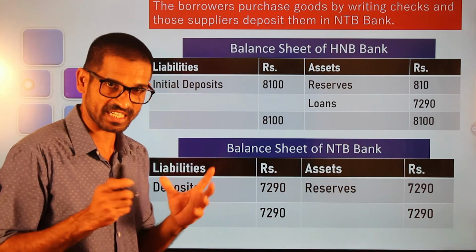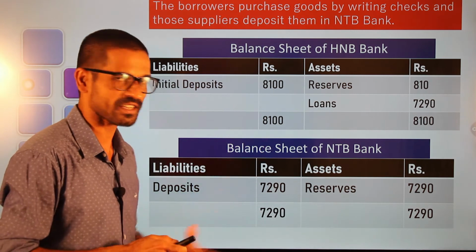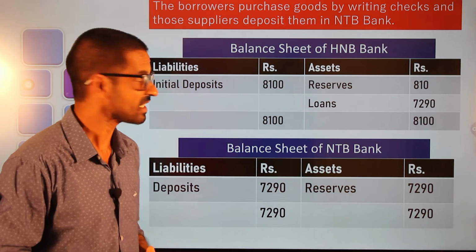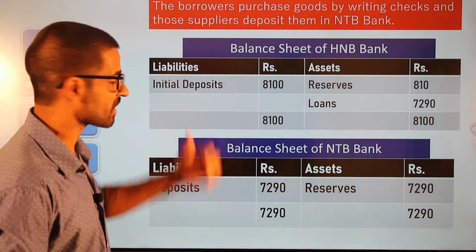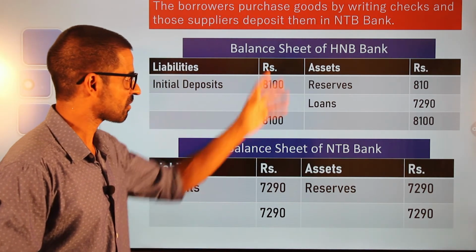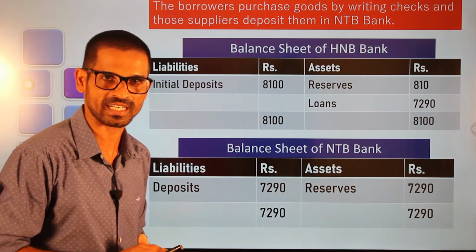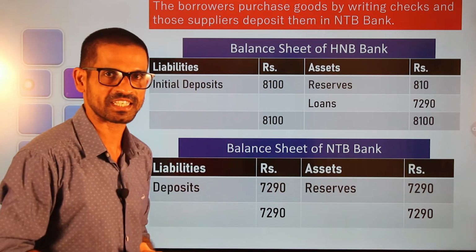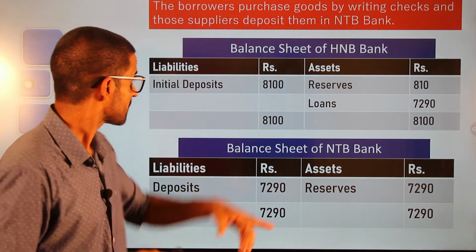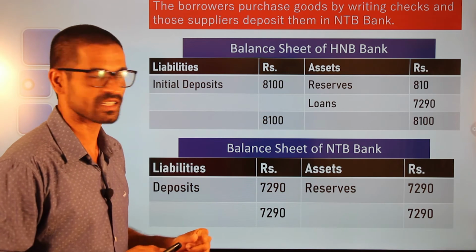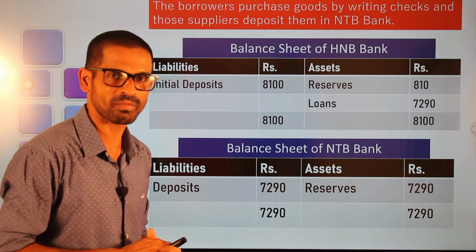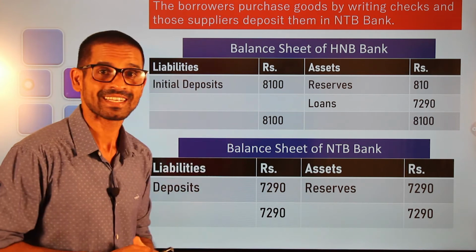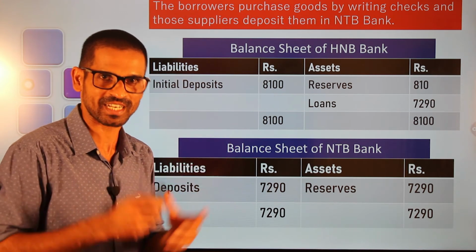And then through the check clearance, Nation Trust Bank will acquire that reserve, 7,290 out of 8,100. So 8,100 minus 7,290, what is left with Hatton National Bank is 810, which is the required reserve, 10% of 8,100. So you can see Hatton National Bank cannot any longer grant loans, but Nation Trust Bank can grant loans. So this process will continue.